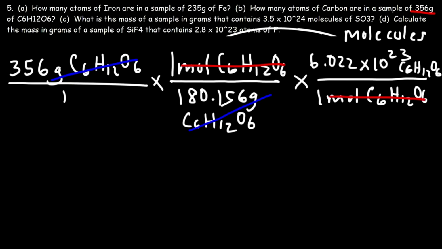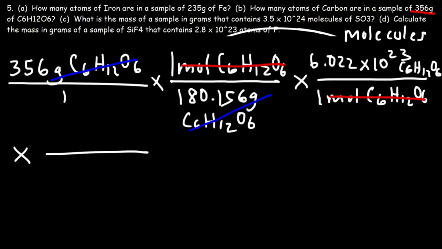Now the last step, to change the substance, we need to use the chemical formula of glucose. In other problems later in this video, we could use the coefficients of a balanced chemical equation to change the substance. We'll talk more about that later.